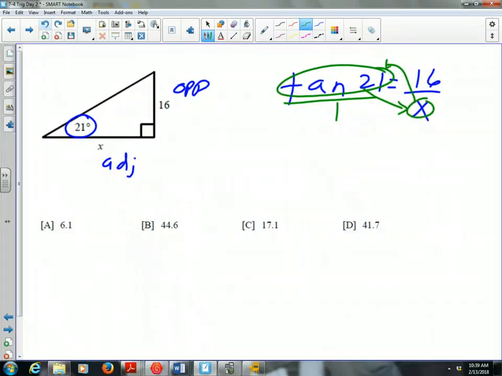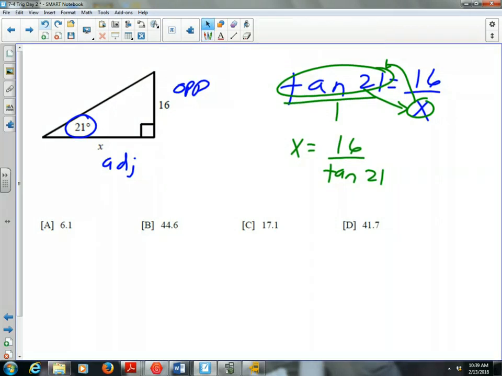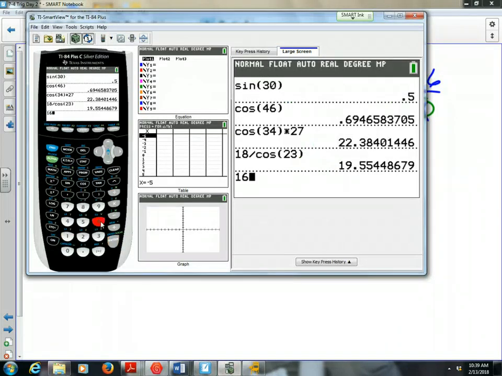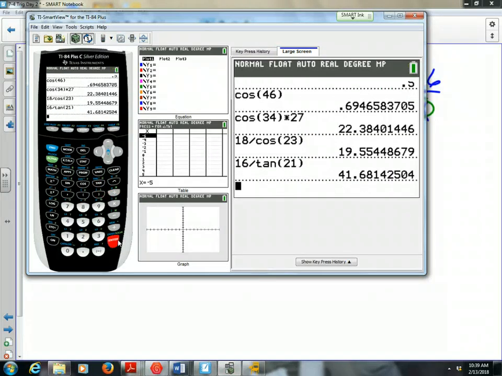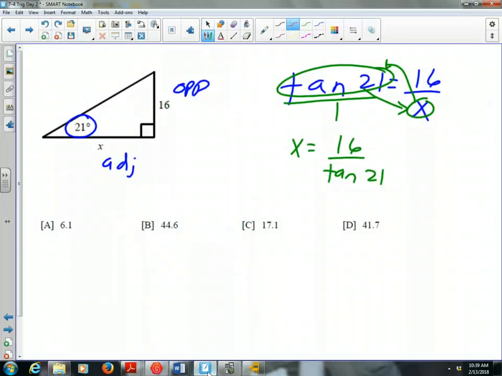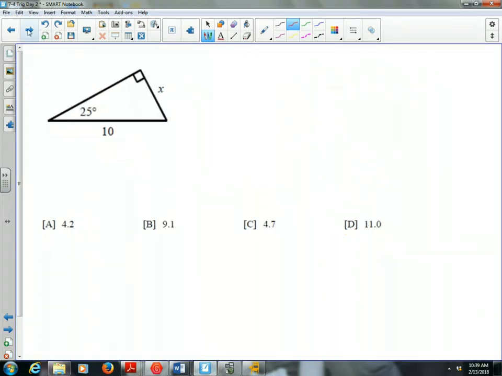You're changing around your extremes. So x equals 16 divided by the tangent of 21. And you did that in your calculator. You did 16 divided by the tangent of 21, and you got 41.7. X equals 41.7.